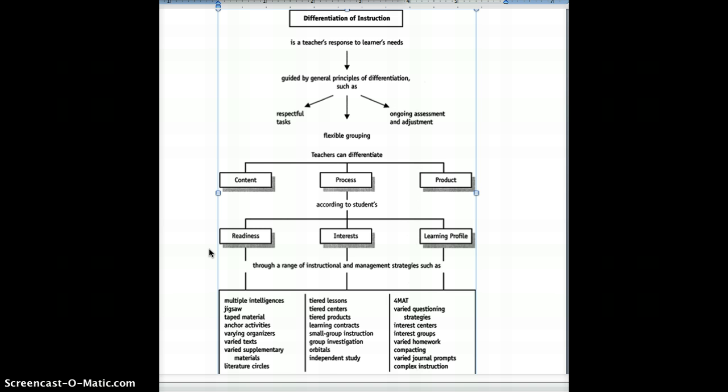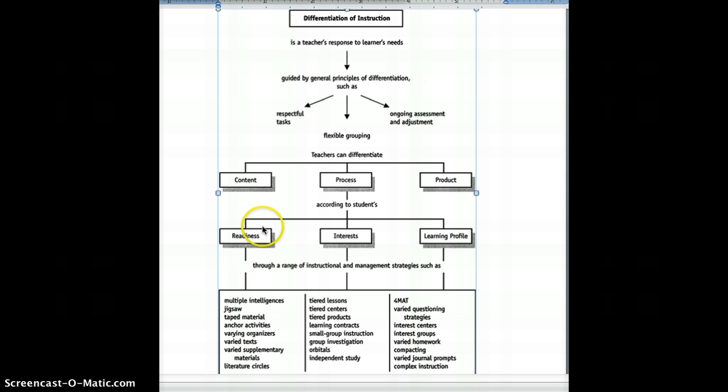Tiered activities, which we're going to discuss for the next 2 weeks, is based on exactly this. When we have students at different academic levels, tiered activities is one way of addressing that.